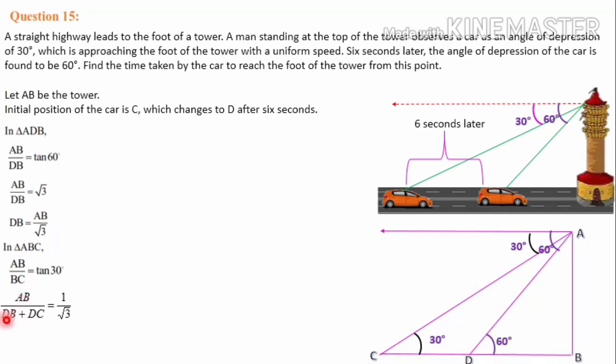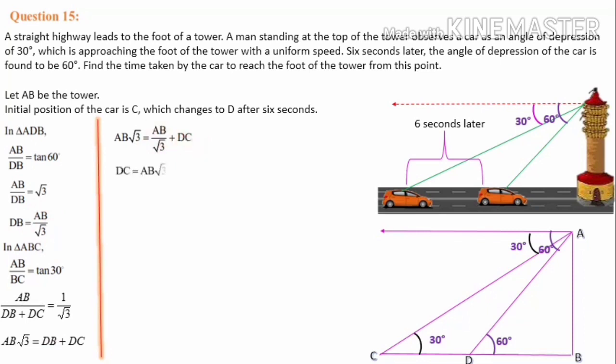So AB by DB plus DC is equal to 1 by root 3. Cross multiplying, AB root 3 equals DB plus DC. Replacing DB with the value we calculated, AB by root 3, we get AB root 3 equals AB by root 3 plus DC.